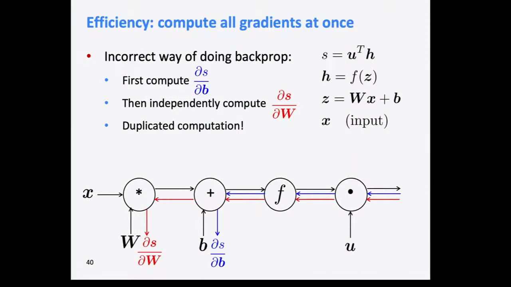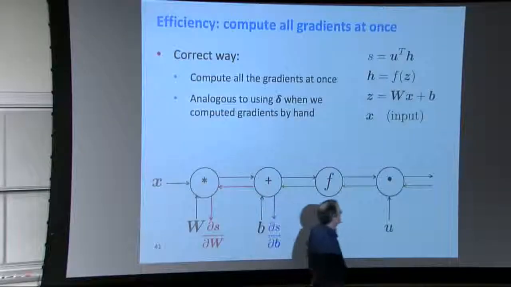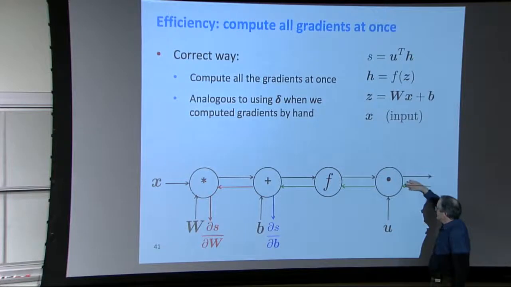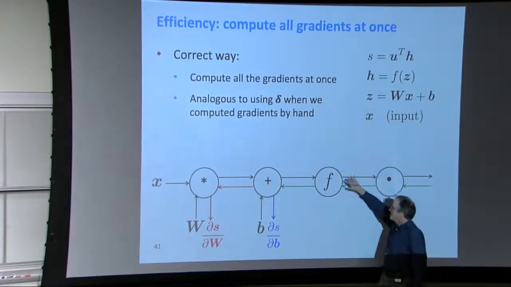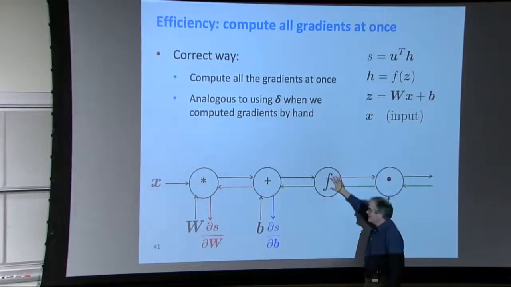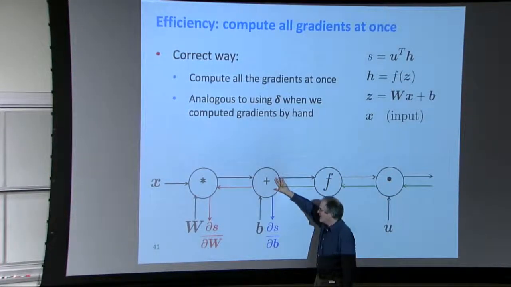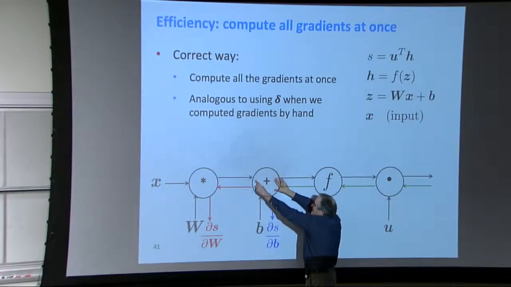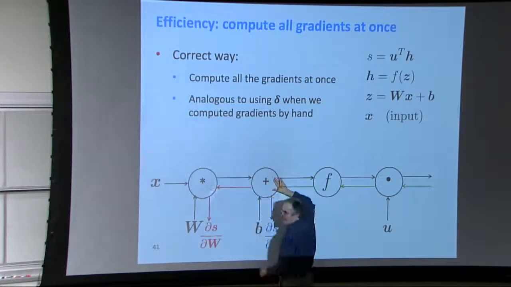Instead, we want to say, look, there's this shared stuff. There's this error signal coming from above, and we can work out the upstream gradient for this node. We can use it to calculate the upstream gradient for this node, and use this to calculate the upstream gradient for this node. And then using the local gradients, of which there are two at this node, we can calculate this one and that one.